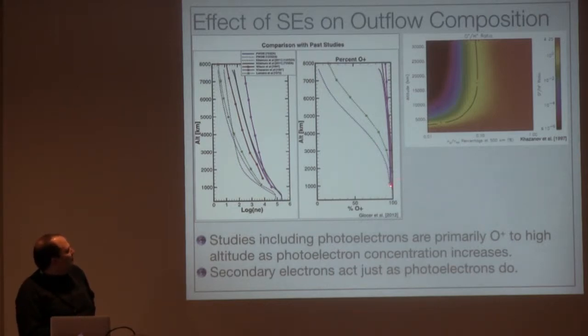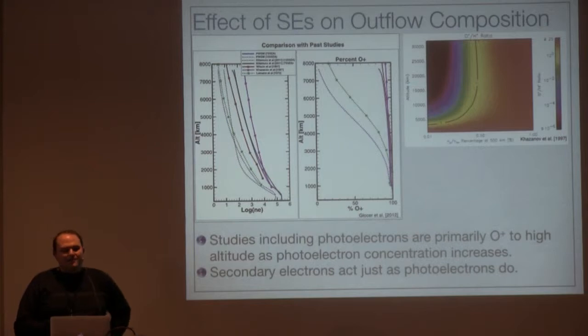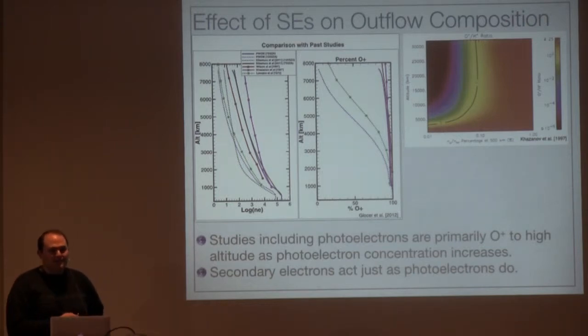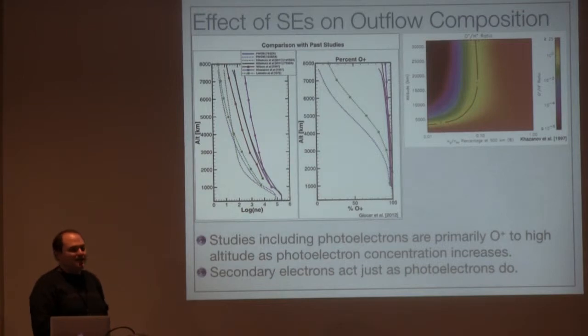But on the other hand, if you have sizable photoelectron content, you can have O plus up to a very high altitude. But I want to emphasize that just because you have O plus to very high altitude doesn't mean that you have large fluxes of O plus. A lot of this O plus isn't moving very fast. So even though the number density is high, the fluxes aren't necessarily high. It's more of a long scale height.